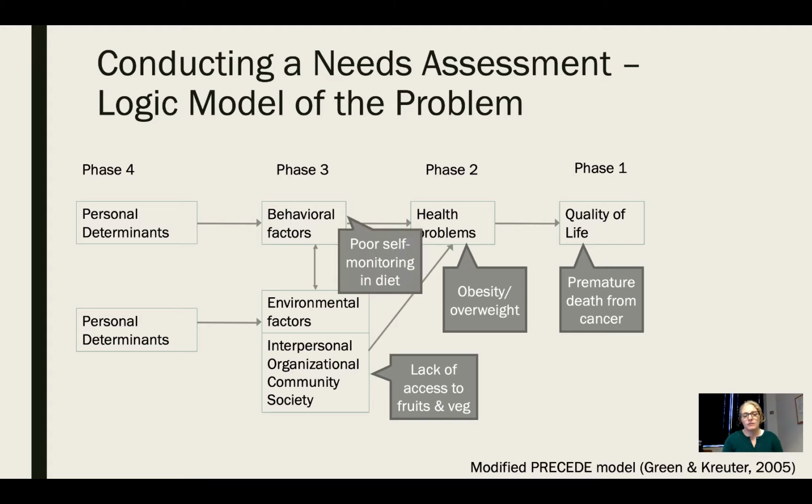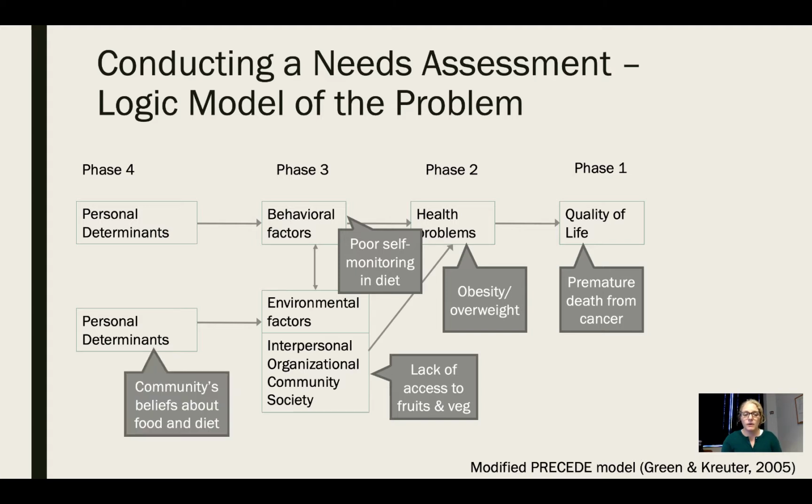And at the individual level, that then results in poor self-monitoring and diet. These two things are related, that because individuals have little access to fruits and vegetables, individuals are not able to eat many fruits and vegetables, and they lack the ability to really monitor their own diet.